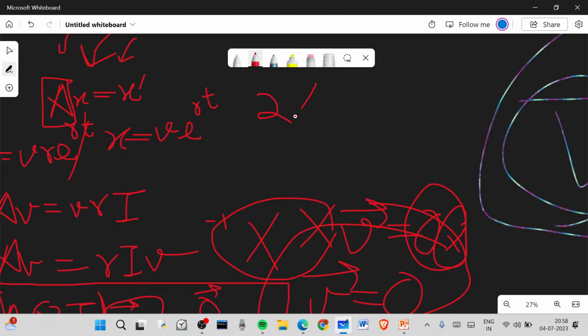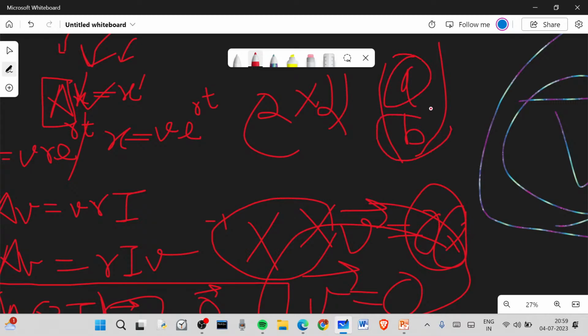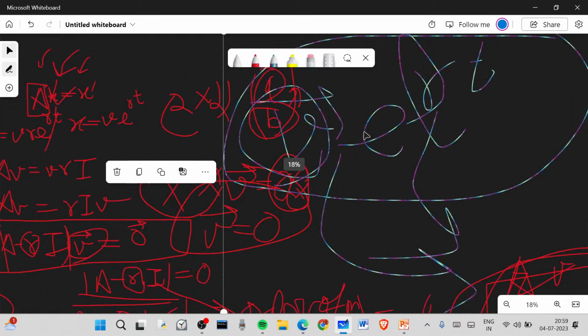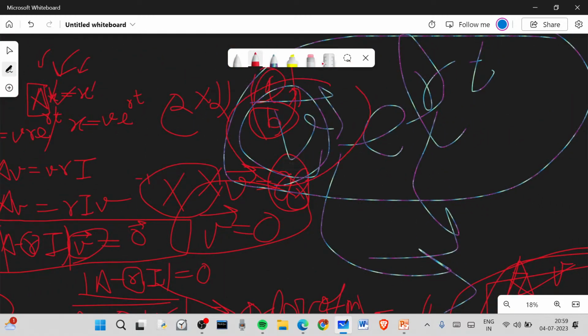Example, if we are working on a two matrix, then it implies that the X vector has two elements. So it guarantees that we would have two linearly independent solutions. Why? Because our solution is v e to the power rt, and r itself has two values, right?